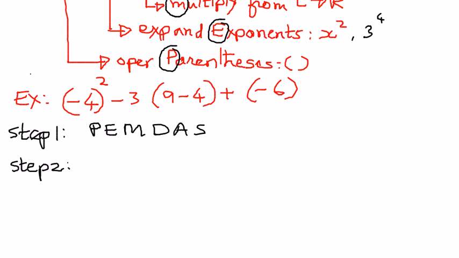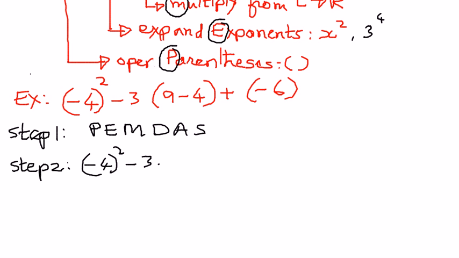So perform operations inside the parentheses. We have inside the parentheses 9 minus 4, so negative 4 raised to the power of 2, we'll keep that, minus 3 times 9 minus 4 is equal to 5. So we need not write the parentheses.